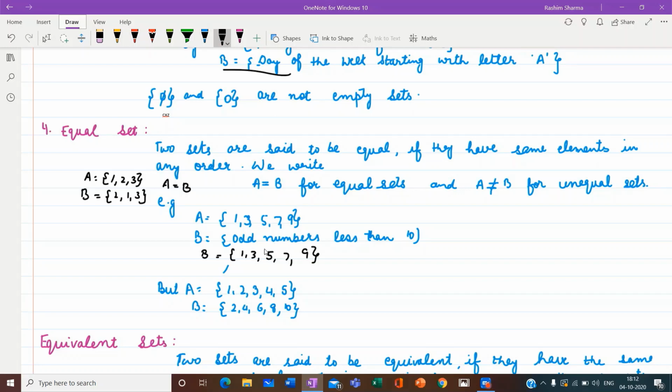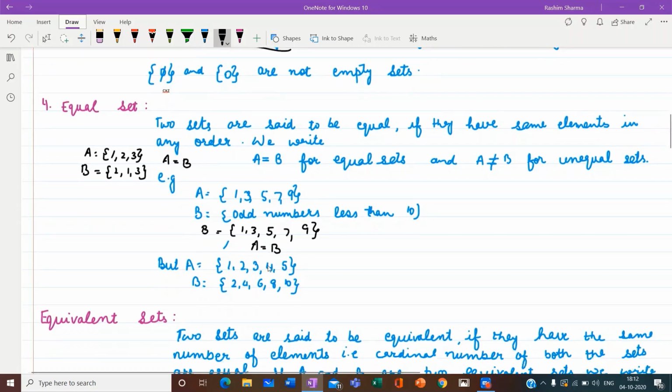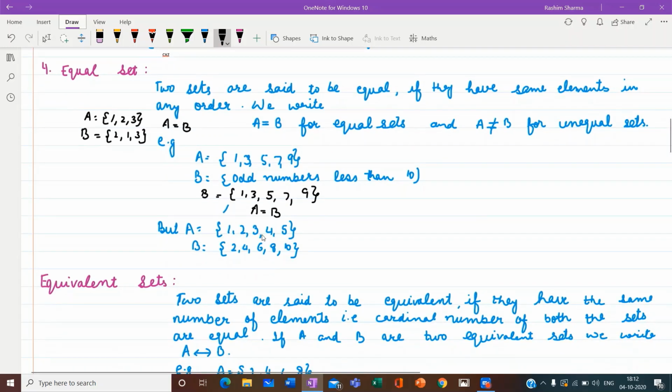It means the same 5 elements are in both sets, so we will say that set A is equal to set B. But if we take another example, set A has elements 1, 2, 3, 4, 5 and set B has elements 2, 4, 6, 8, 10, here A and B have different elements. So we will say that A is not equal to B.